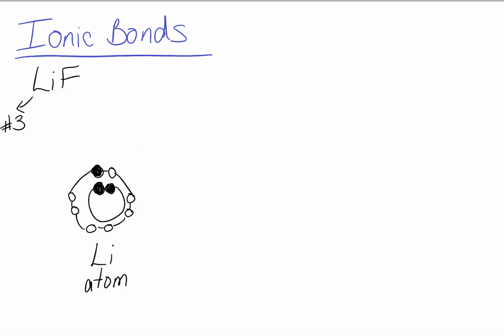All right, let's look at the fluorine atom. If we look at the atomic number for fluorine from our periodic table, we'll see that fluorine has an atomic number of 9, which means it has 9 protons and 9 electrons because the atom is electrically neutral. We're going to start by placing the first 2 electrons in the innermost shell. And once we fill that shell, we're going to move out to an outer shell. In this case, this outer shell is going to be the valence shell.